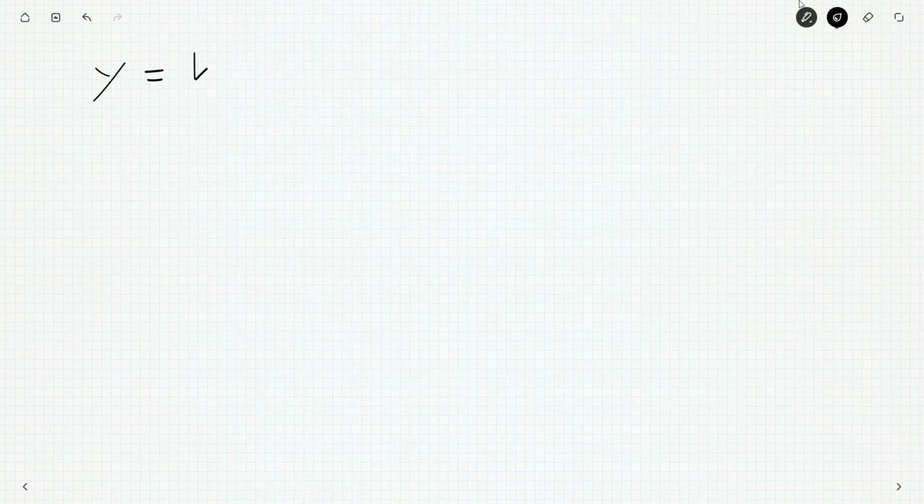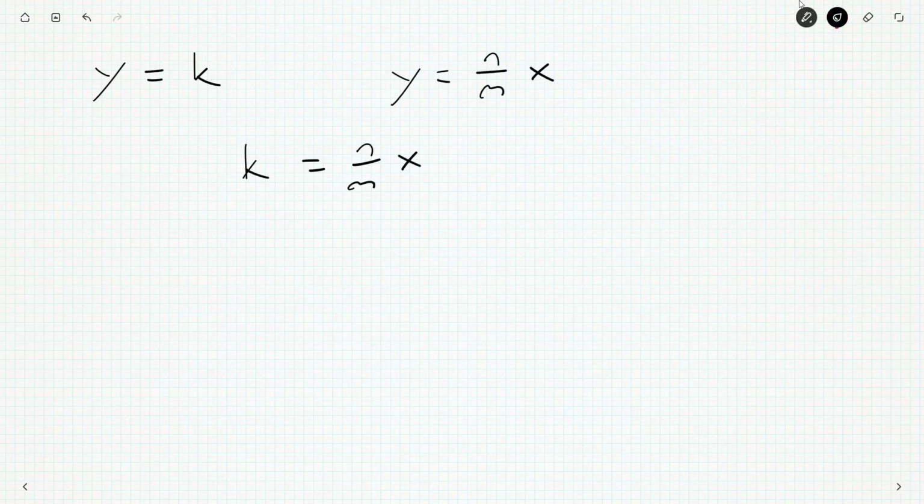So if y equals k and y equals n over m x intersect, then k is n over m x, and that'll be mk over n equals x.